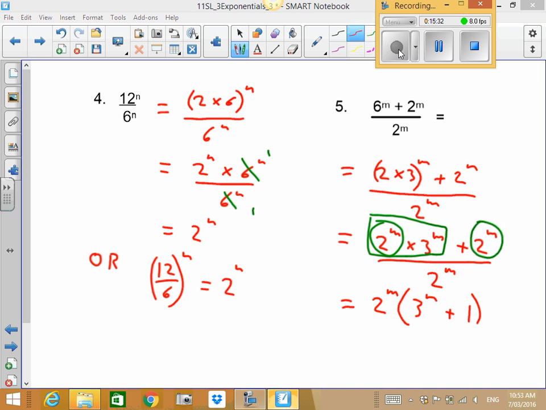And then I can add 1. All over 2 to the power of n. The 2 to the power of n's can cancel. And that leaves me with 3 to the power of n plus 1.